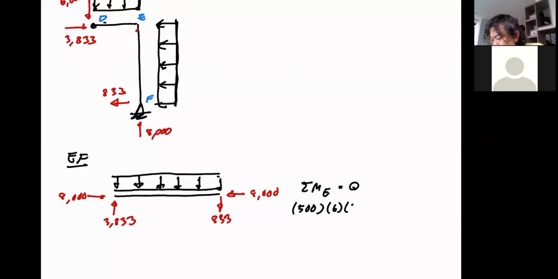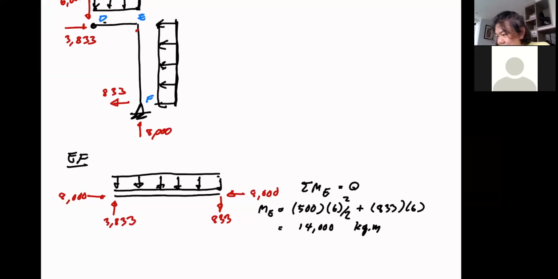It's a total load, and, sorry, half the distance to make that a moment, plus 833 multiplied by 6. That is our ME, which is equal to 14,000 kilogram meter, and everything going clockwise. So our moment is counterclockwise.